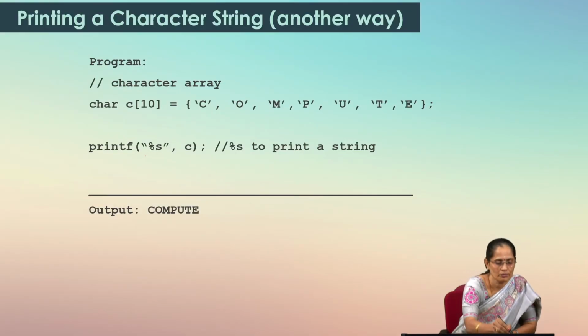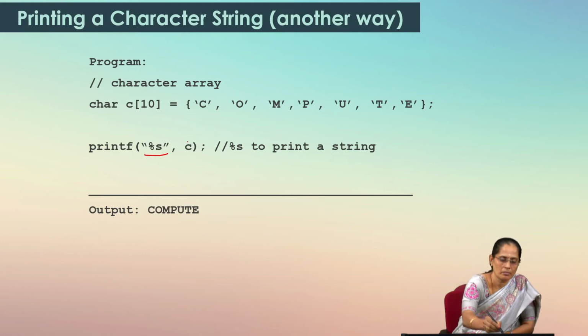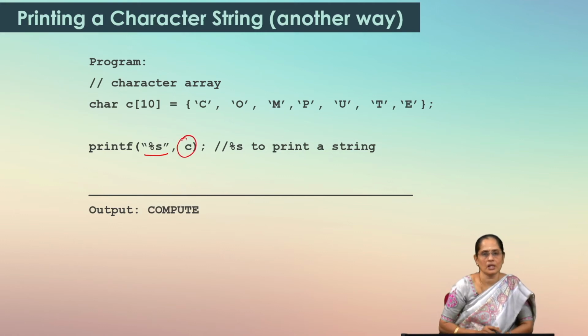Now, there is another way to print the string instead. We need not know the length of the string, we can just make use of %s. What will %s do? It will move to the base address of the string by mentioning the name of the array here.